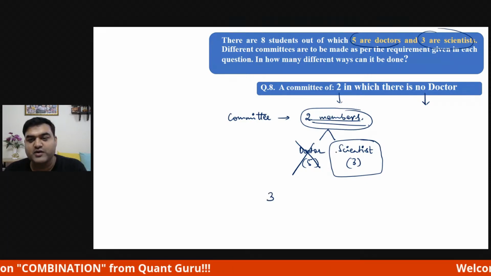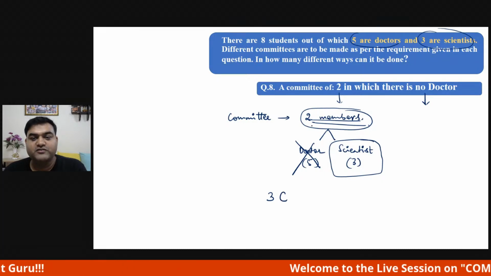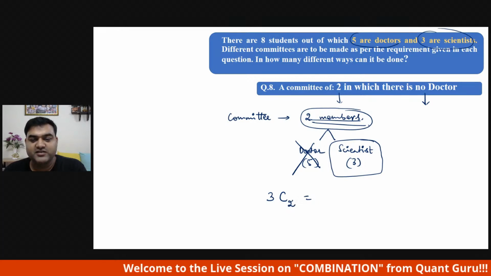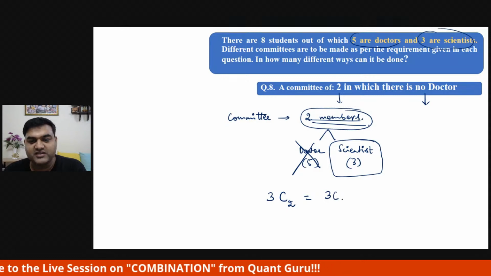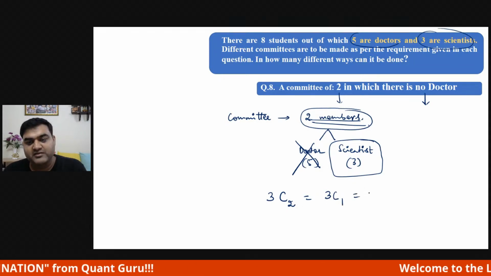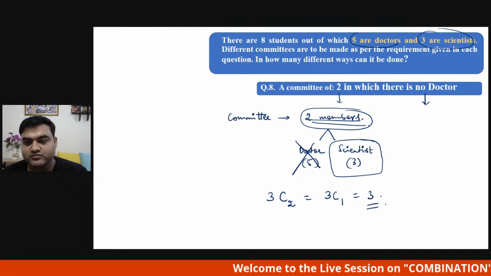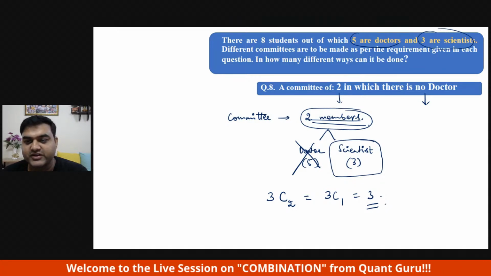How many ways are there? Total number of scientists is 3. Out of that we have to choose 2. So that is 3C2 ways, or we can also write this as 3C1 ways. Why? Because 3 minus 2 we can reduce to 1, and that will be equal to 3. Got it? Kirti, did you get it now?